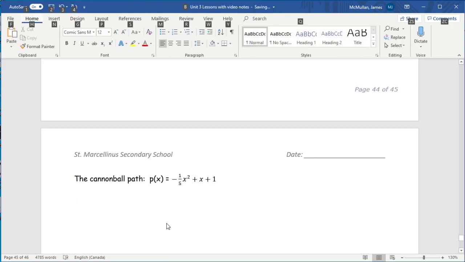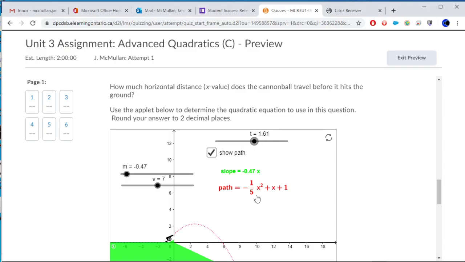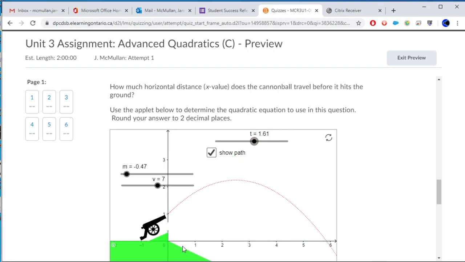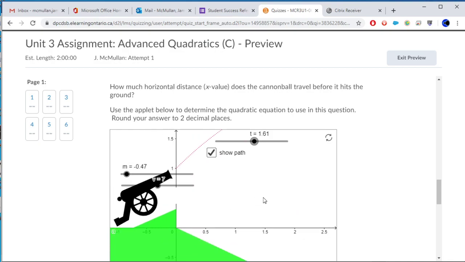The equation of the hill, let's call it h of x, is equal to negative 0.47x. It doesn't need a y-intercept because if you look at the hill, the hill just starts at 0, 0 and goes down with that slope.